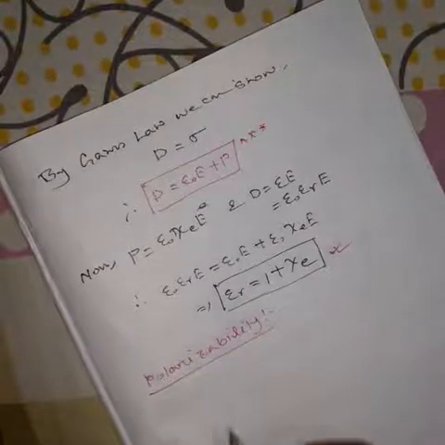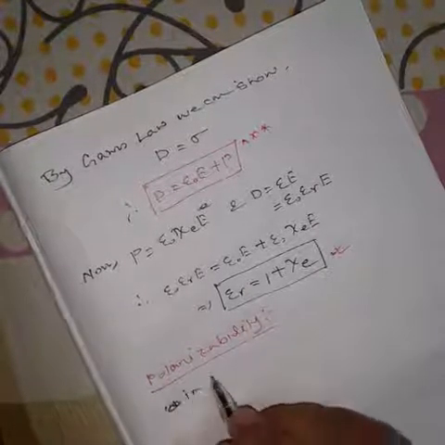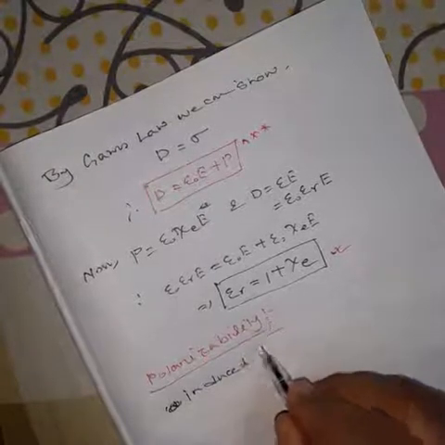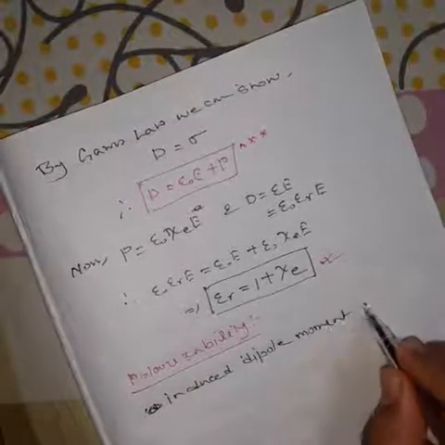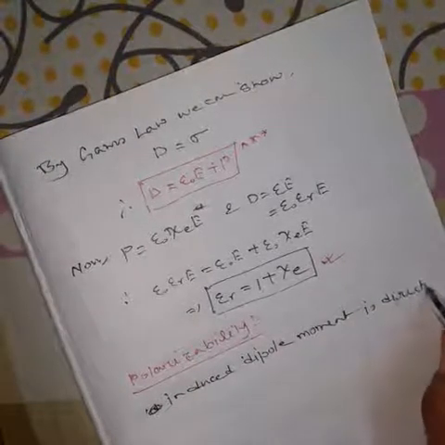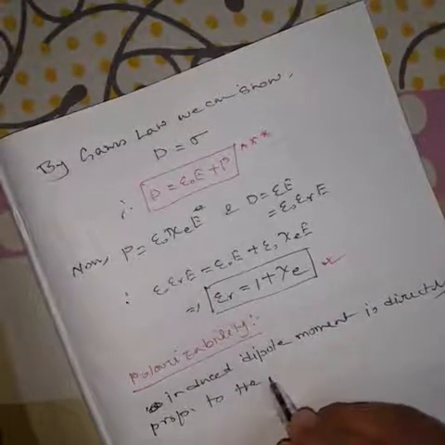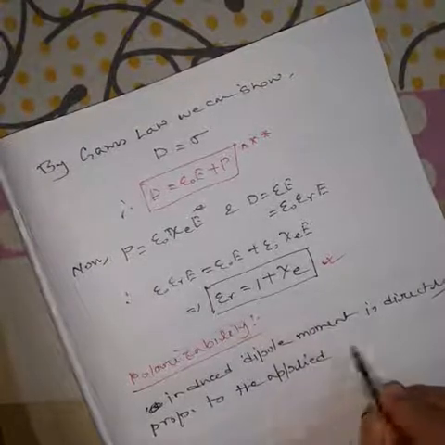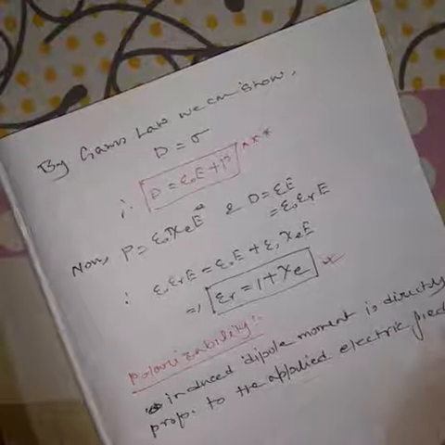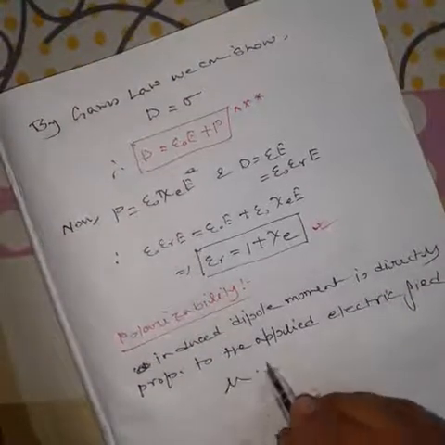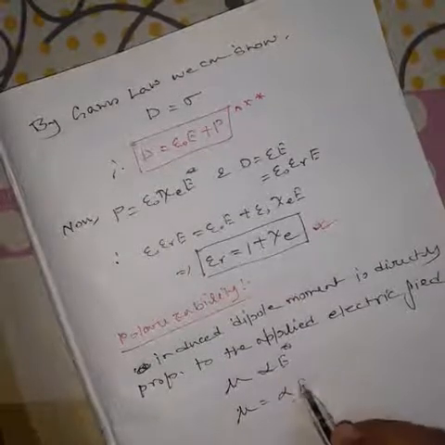Okay, so the induced dipole moment is directly proportional to the applied electric field. Therefore mu is proportional to E. We can write mu equal to alpha into E.